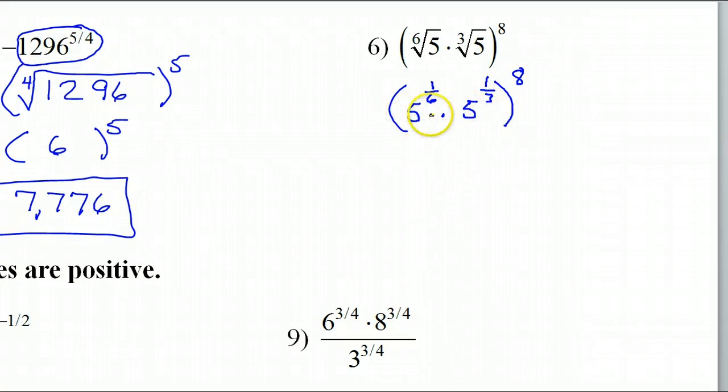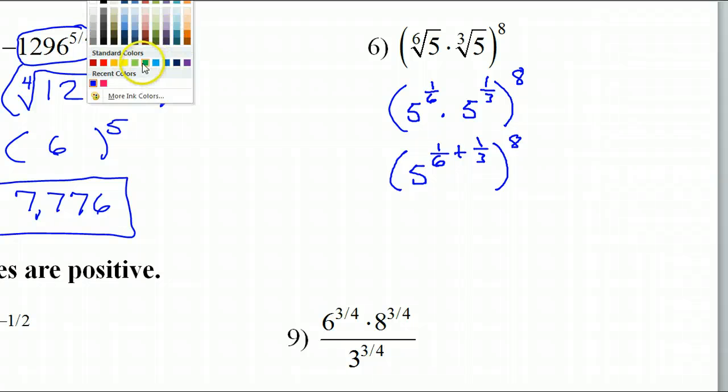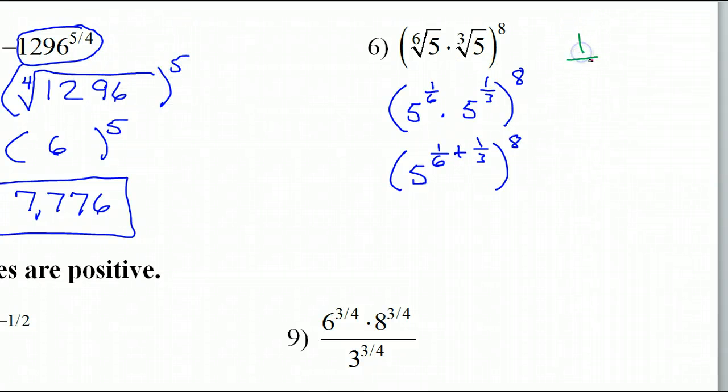Now hopefully you see that when you multiply with like bases, you add the exponents. So what we're doing is we're doing 5 to the 1/6 plus 1/3 power to the 8th. I'm going to do this off to the side like I do. So if I have 1/6 plus 1/3, when you're adding, this is when you need like denominators.